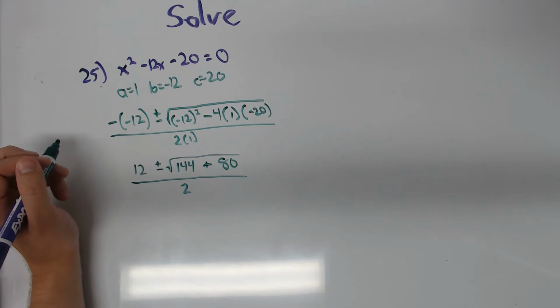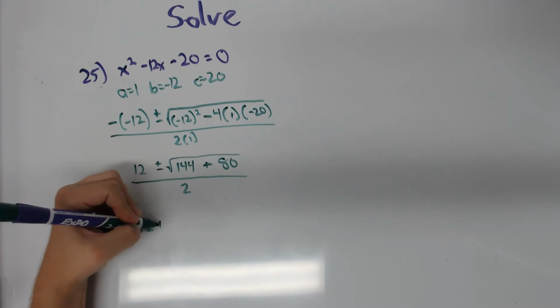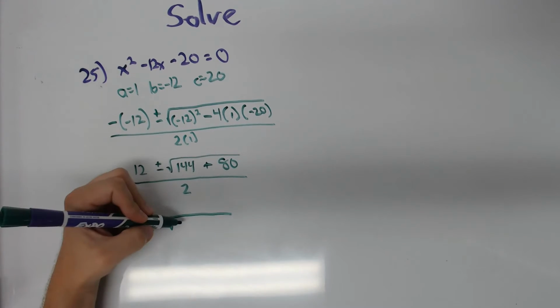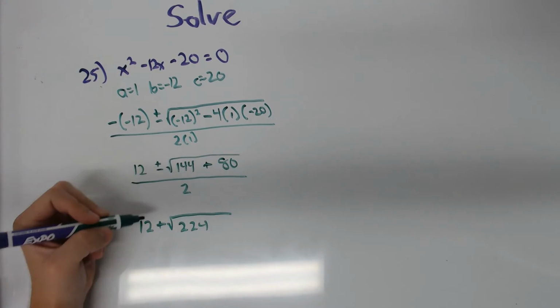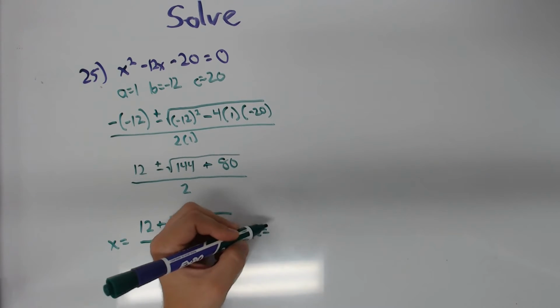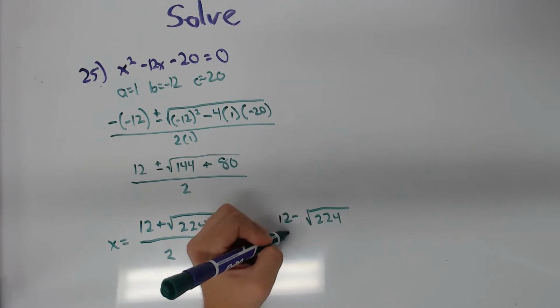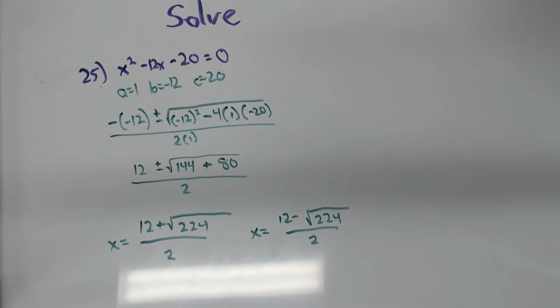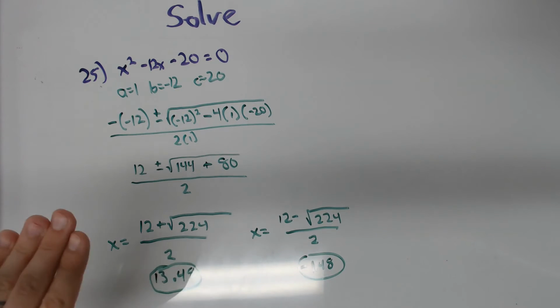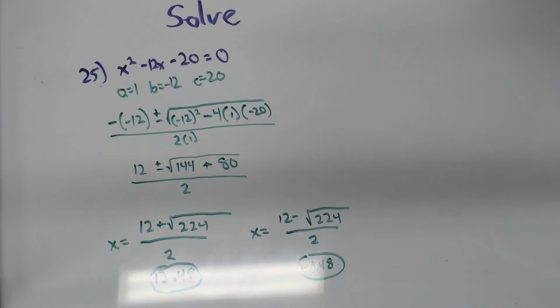Once again, this isn't going to give us clean square roots, so I'm going to be fine with 12 plus square root of 224 over 2, and 12 minus square root of 224 over 2. Let me get the decimals one more time. Those should be 13.48 and negative 1.48. Again, sorry about the glare.